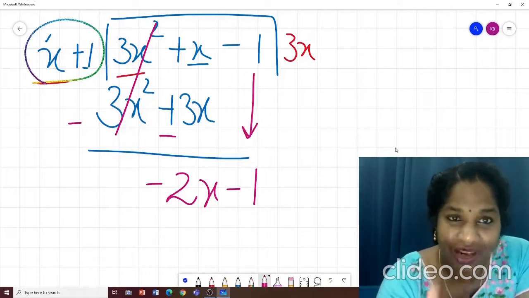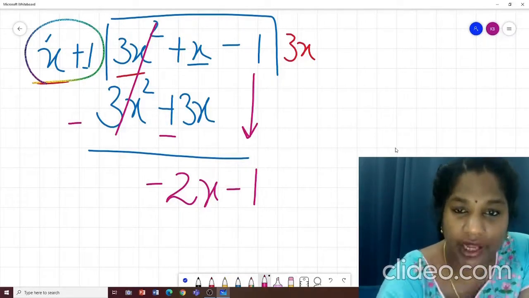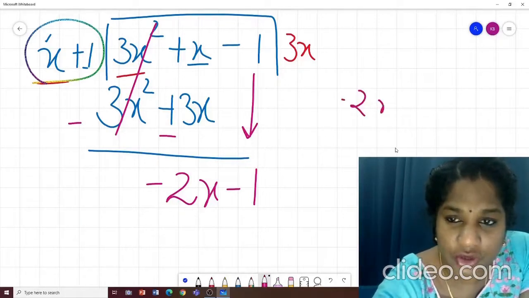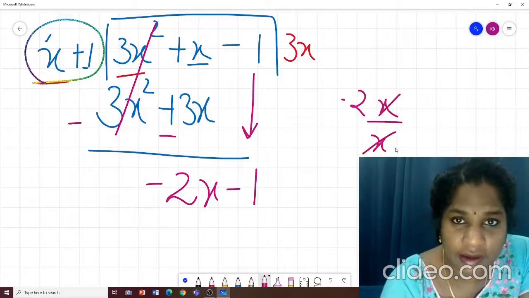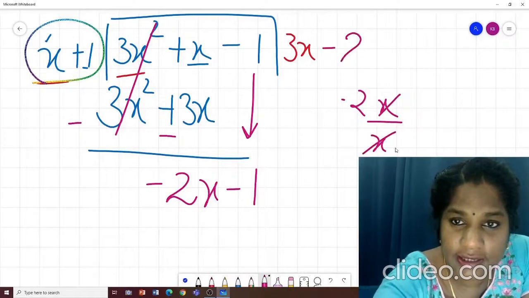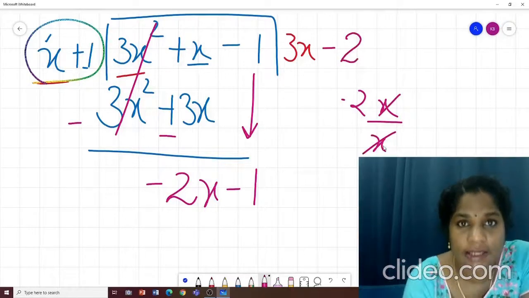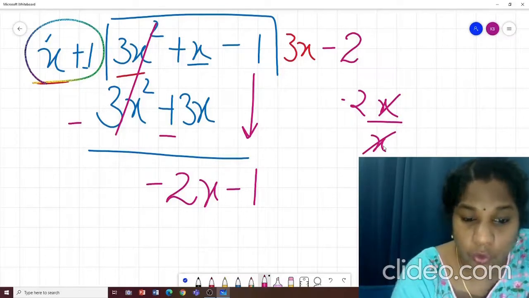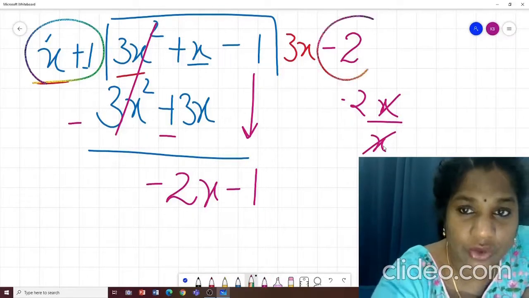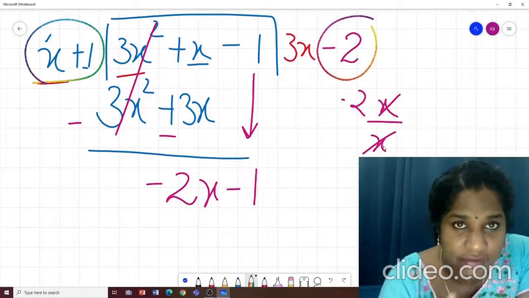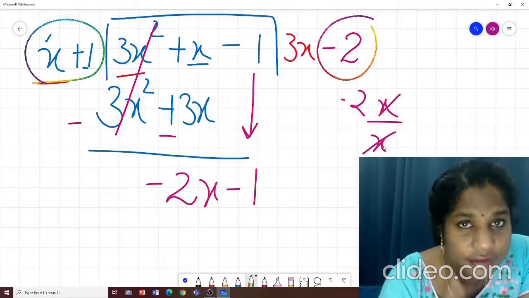Good. Now what will I do? Like the earlier term, I am going to divide 2x by x. So what am I getting? Minus 2. I will go ahead and write it in the quotient minus 2. Clear? Now what am I going to do? With this minus 2, I have to multiply each and every term of the divisor.